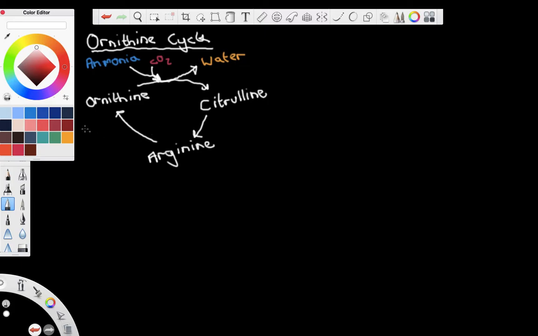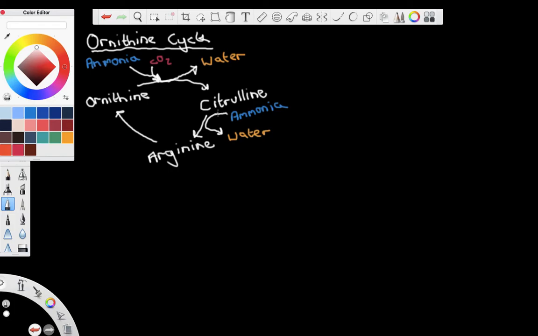At the same time, ammonia can be added to citrulline to form again water, to get rid of this ammonia, but it converts citrulline into arginine. Okay?